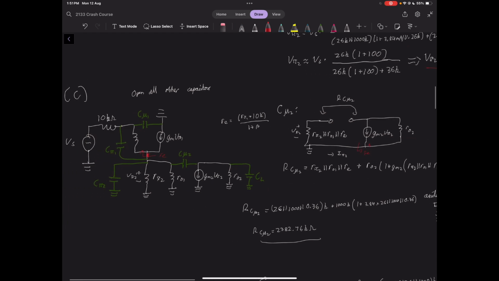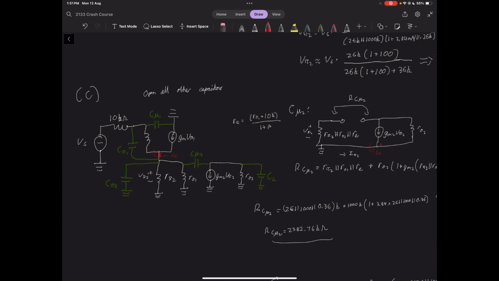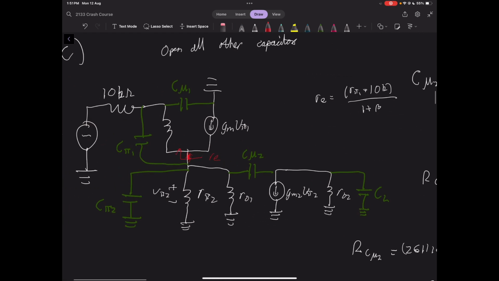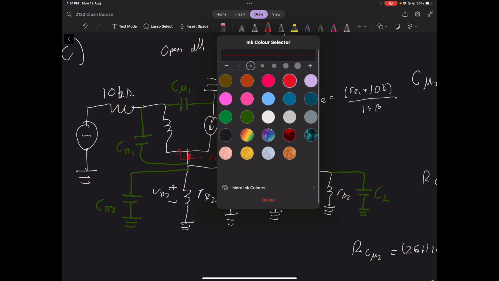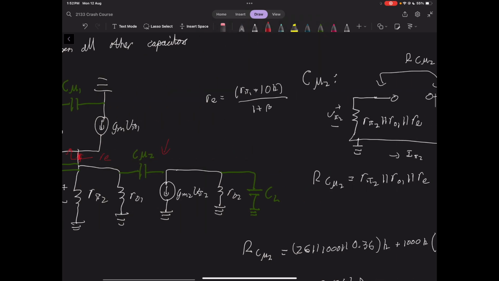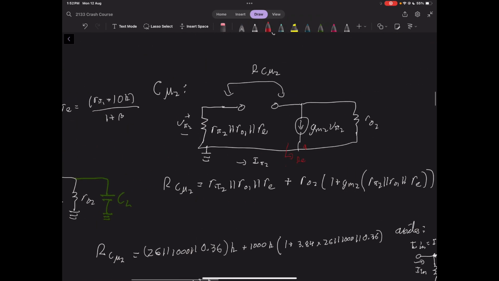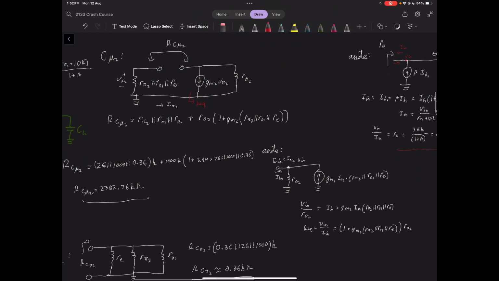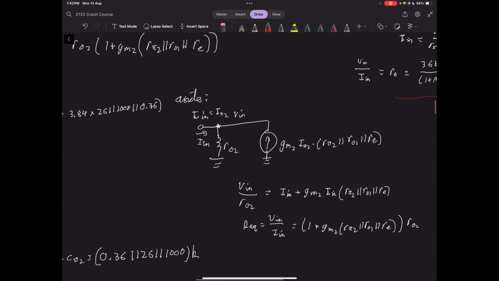So we'll start off first by looking at our C mu 2, which is going to be this capacitor over here. You can see we did do the exact same trick that we did in the previous question. We find the equivalent resistance looking in from this point, which is the working out for that is down here, I believe.